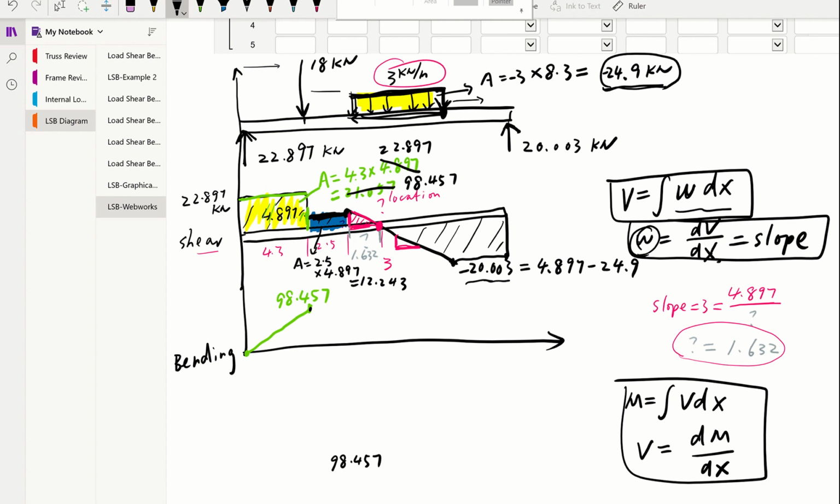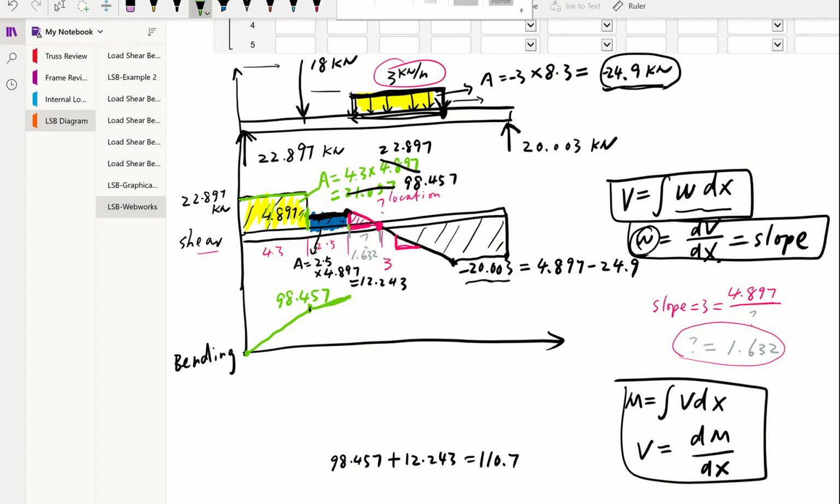We're going to integrate this blue area and add 12.243. That gives me 110.7. So that's going to be the next line, 110.7 at this point. And it will be less steep, right?